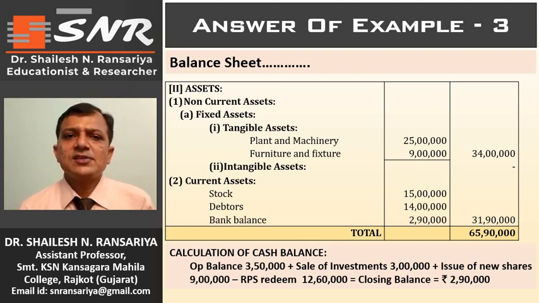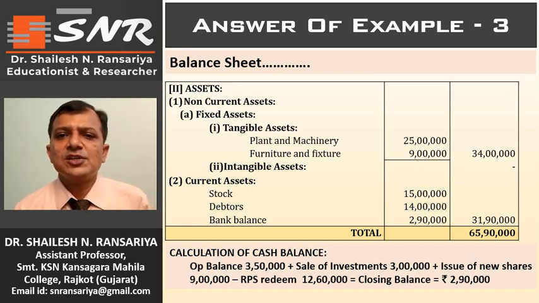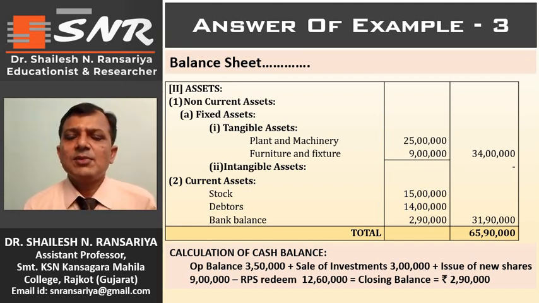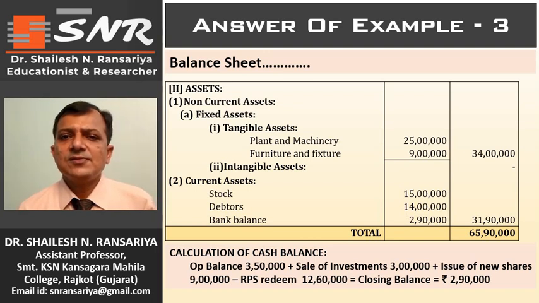Total of the balance sheet 65,90,000. From the old balance sheet, investments are given, but it is not transferred to the new balance sheet because it is sold by the company. Total of the balance sheet again on both sides 65,90,000.